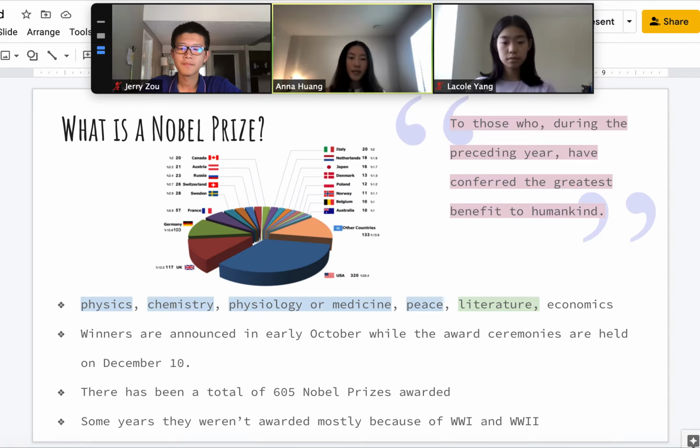Then over here is a pie chart. It is quite small. I'm not sure if you can see it, but it is data of where all these Nobel Prize winners live. And most of them are from the US. Okay, next.